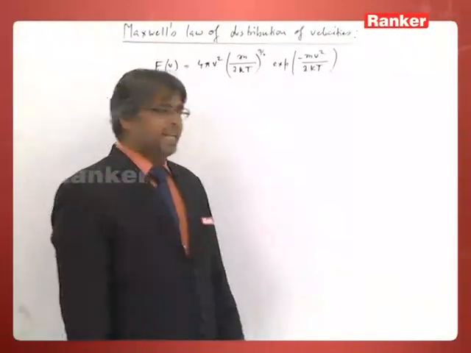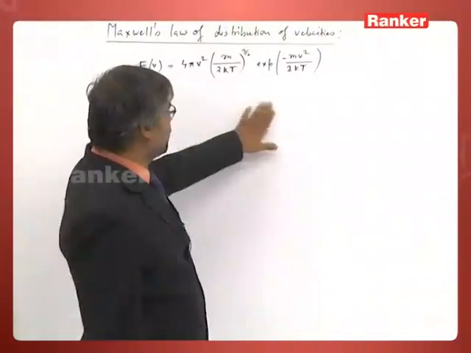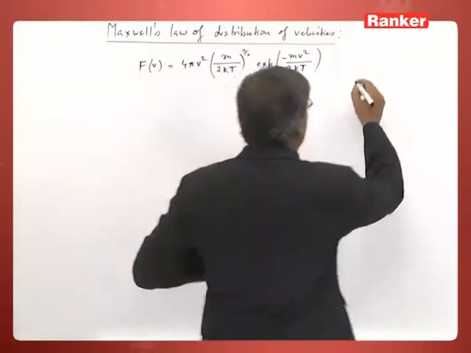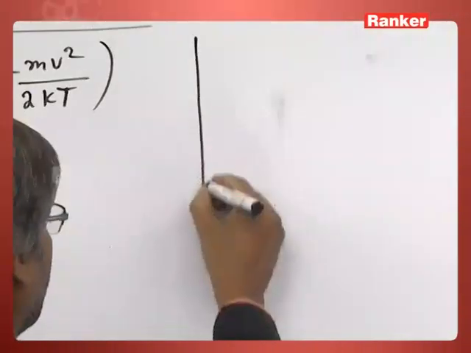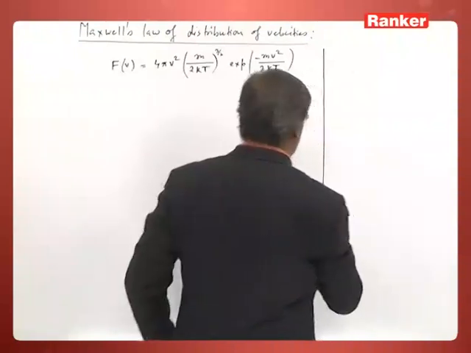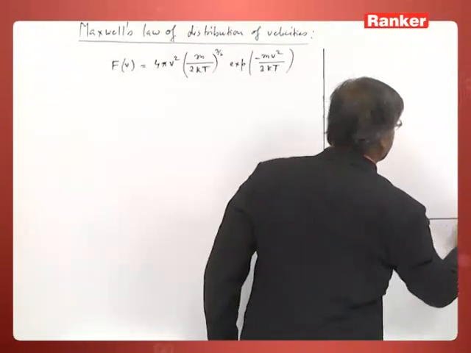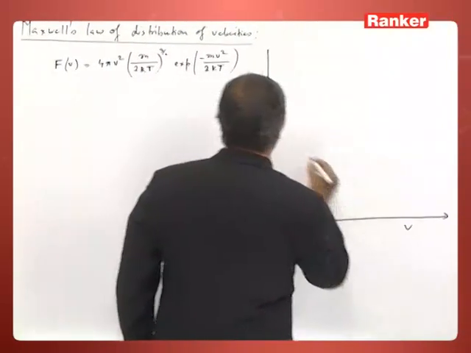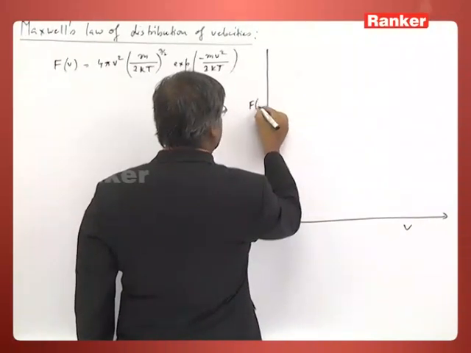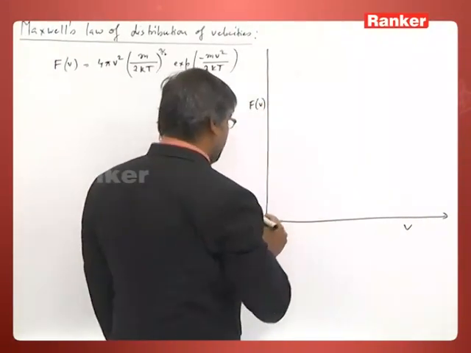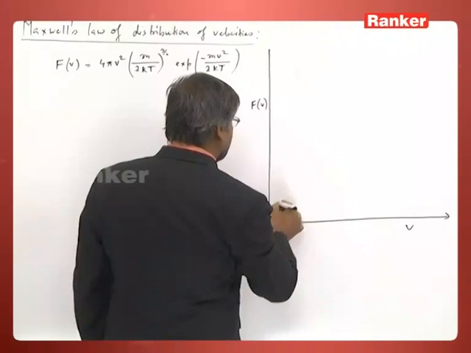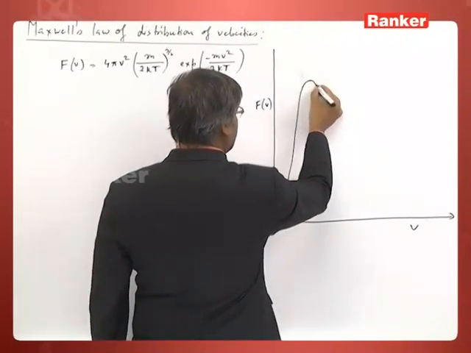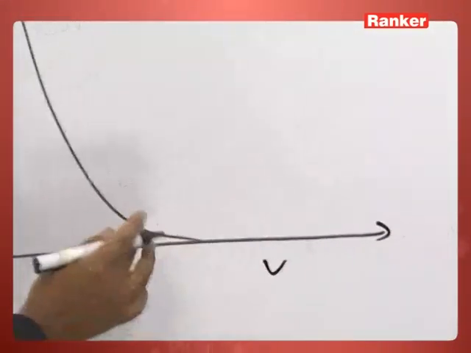So now let us see how this probability density curve responds to variation in temperature. So this is v, and the probability density function is plotted here, and initially you see the curve increases and then it decreases like this.